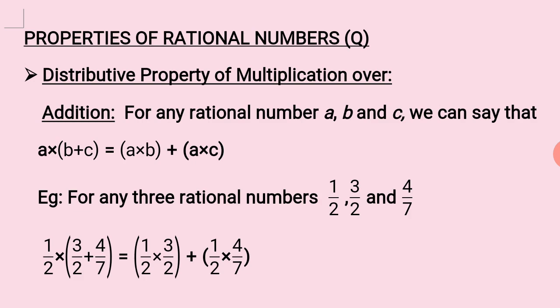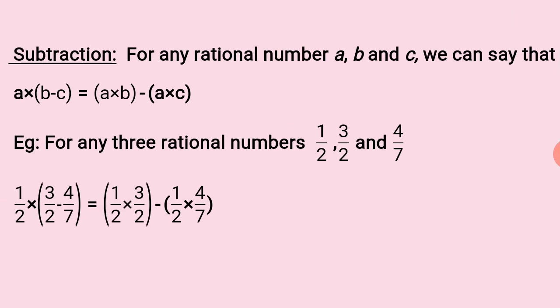Let's move to the same property over subtraction. Here the basic difference is inside the bracket it's a minus sign. The rest all is similar. So for any rational numbers a, b, c, we can say that a multiplied by (b minus c) is equal to a multiplied by b minus a multiplied by c.